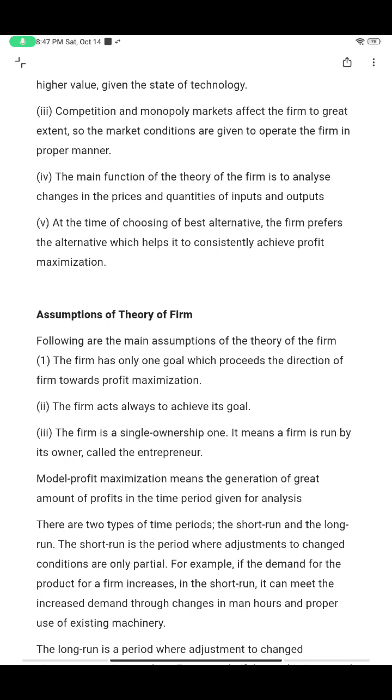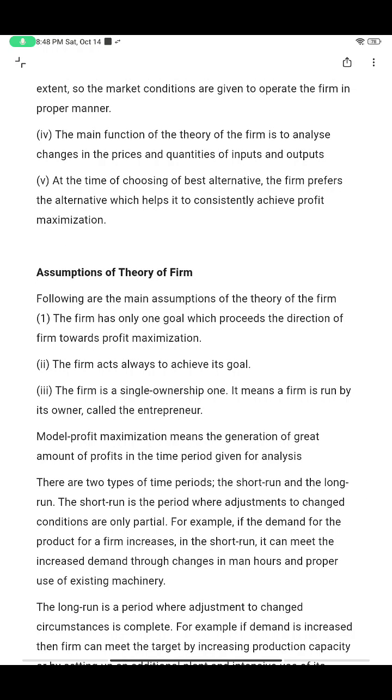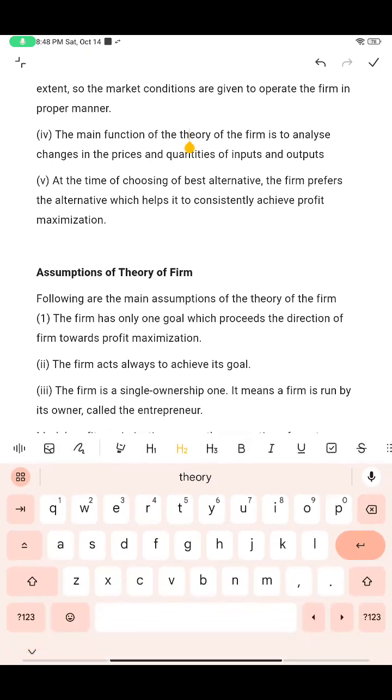That means in this theory of firm, based on these conditions, at the present state, what is the market condition, what is the price of a particular product, and how many quantities are being sold or how many will be sold. Based on all these conditions, they will analyze a particular product keenly. Now this complete analysis will be under the theory of firm, right?